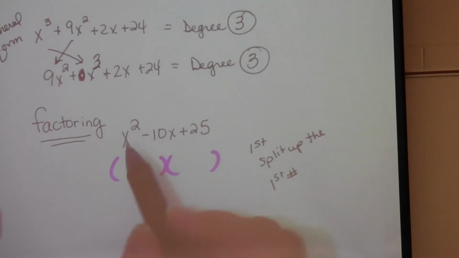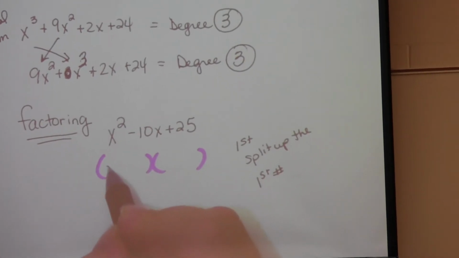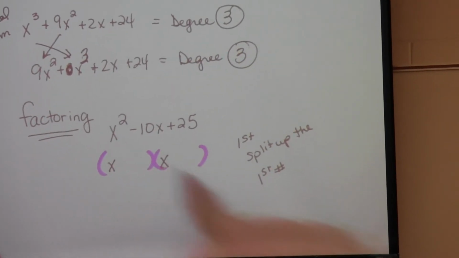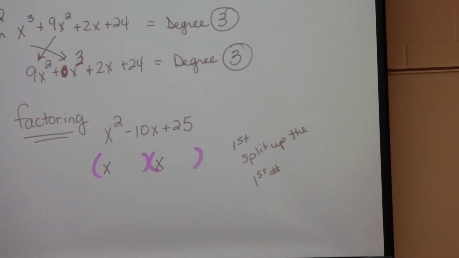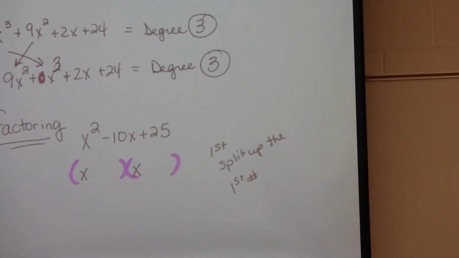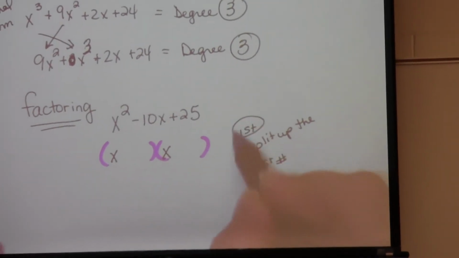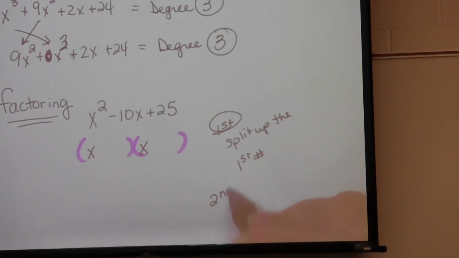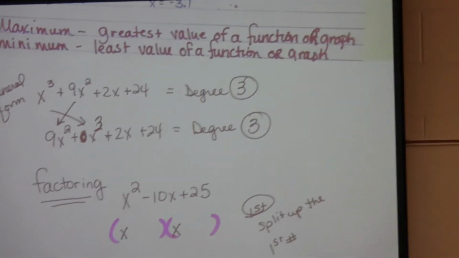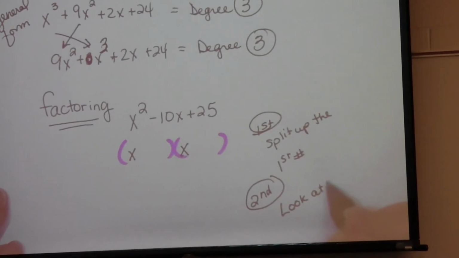So if I split up my first number, the only thing I have there is x squared. So I'm going to put 1x in each of my brackets there. So I split up the first number. Step 1. Step 2. Then I need to look at my last number.